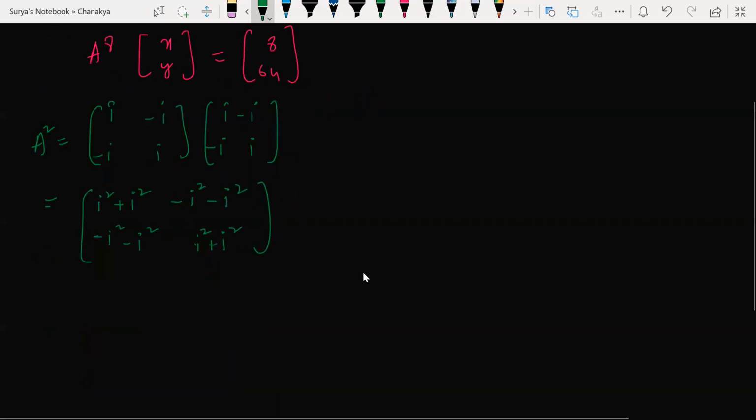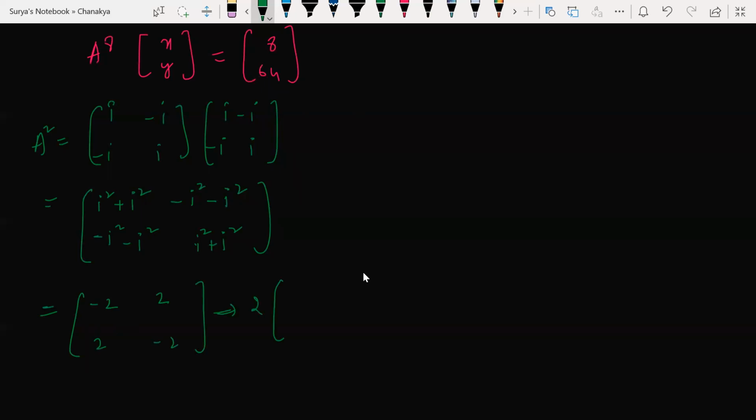After multiplication, I square is minus 1, so we get minus 2, 2, 2, minus 2. I can take 2 common. If I take 2 common, what am I left with? Minus 1, 1, 1, minus 1. Correct? This is what I am left with.